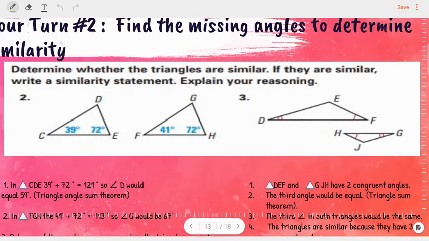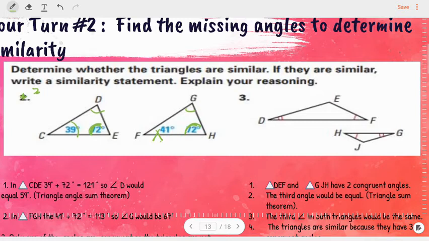So if I'm looking at this, we'll do number 3. If I look at this example, I notice I have one pair of angles that is congruent. These are different, but remember, I'm going to check out this last angle to see if it matches 39 or 41.